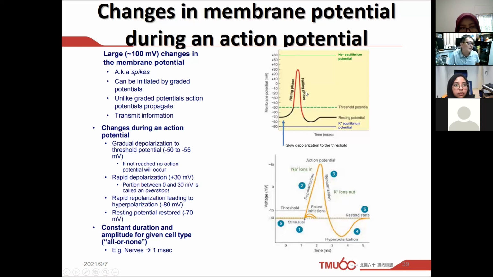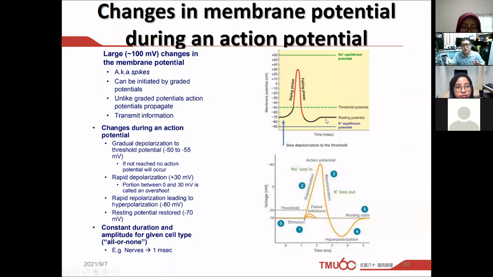Then the potential will drop later on until minus 80. In this curve, from minus 70, we call it the resting potential.